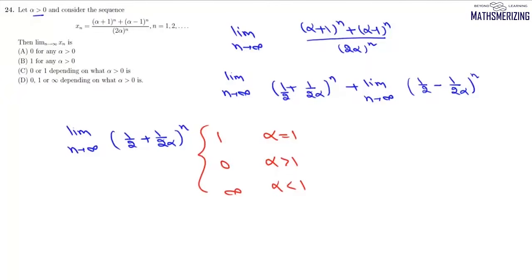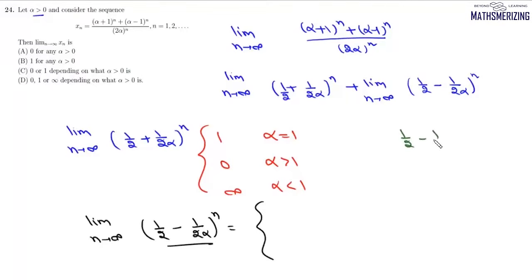Now for the second limit, which is limit n tends to infinite (1 by 2 minus 1 by 2 alpha) to the power n. Now if we take the first case, when 1 by 2 minus 1 by 2 alpha lies between minus 1 and 0, this value will be minus 3 by 2 less than minus 1 upon 2 alpha, which is less than minus 1 by 2.